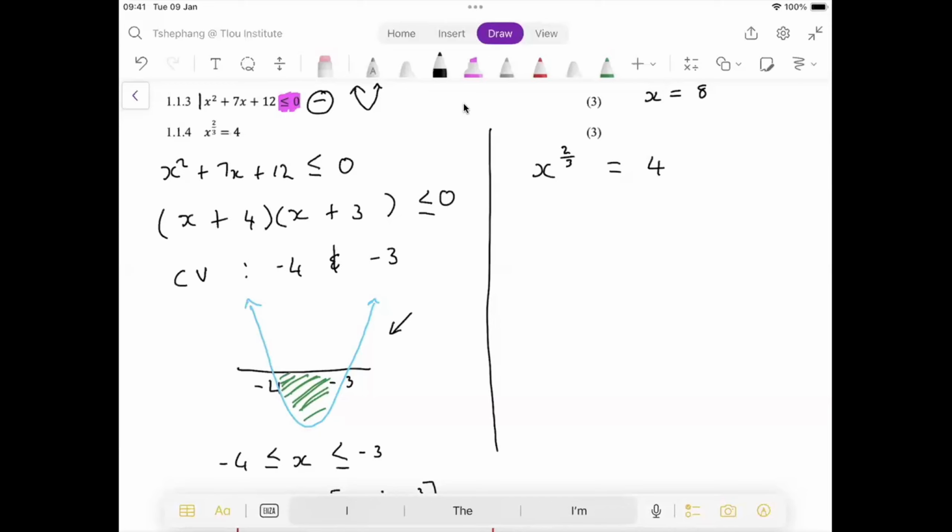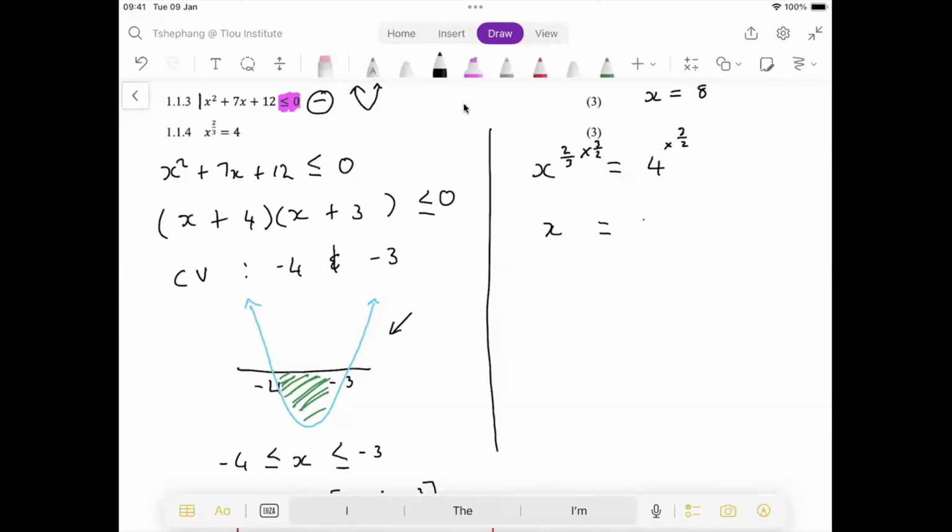Let's check, how do we go about this? So this is the same as, firstly, I'm going to multiply here by 3 over 2. But if I'm multiplying there by 3 over 2, I need to do the same thing here. Then these are going to cancel on the left-hand side.